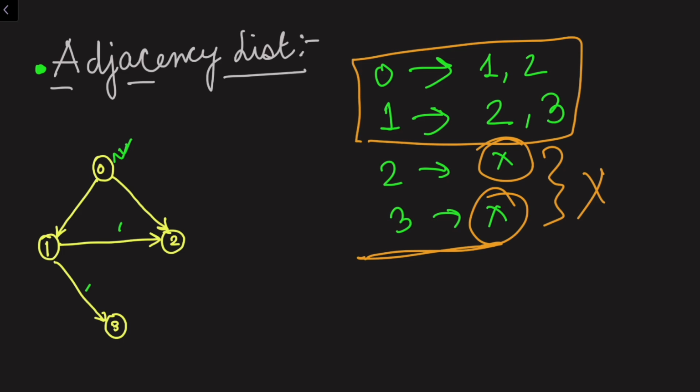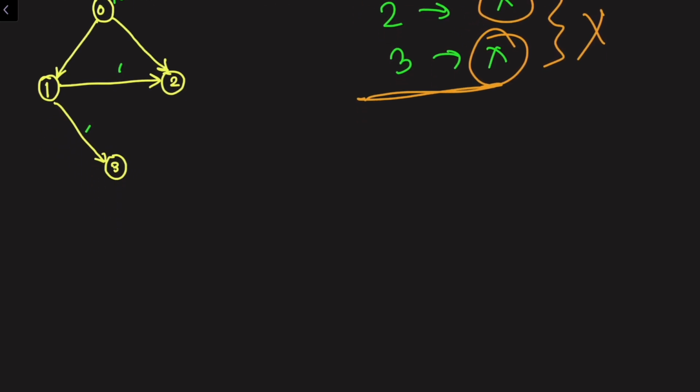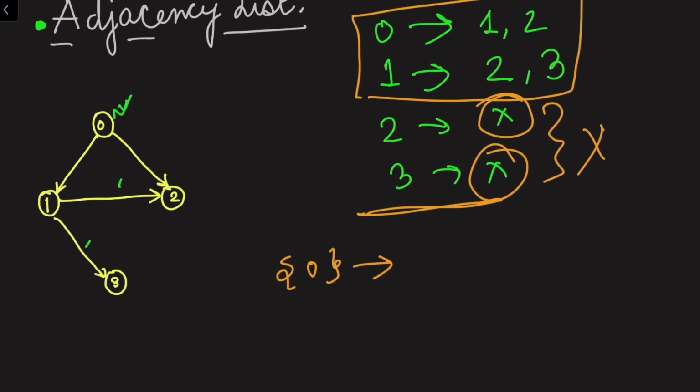So what is the best way to do it? We can use a map. Why a map? In the map, we can just save 0 and add a list, and in the list we can add 1 and 2. So the starting node will be your key, and the value will be the list of nodes it can reach.